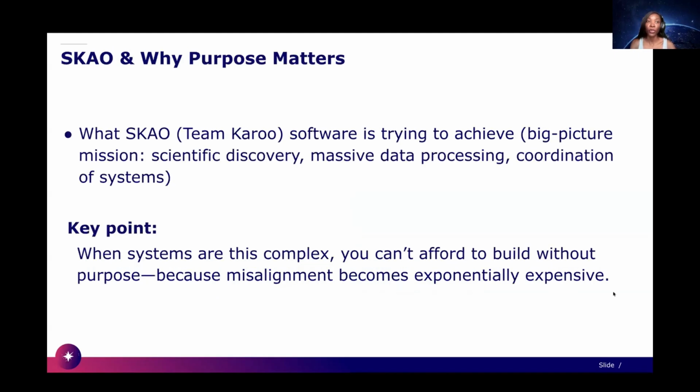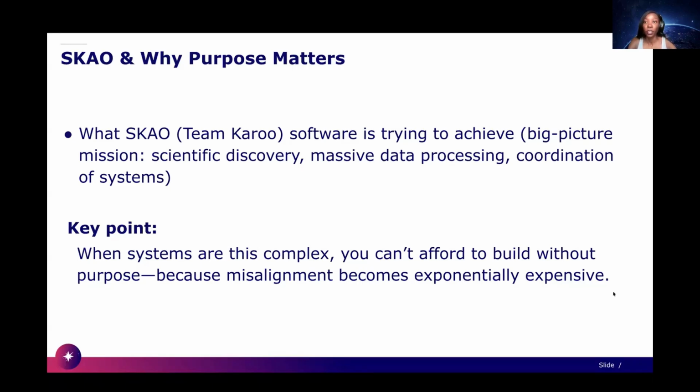And at the SKA, we are trying to achieve something that's really big. We're trying to achieve something that's never been done before. We're trying to build the world's largest radio telescope, and it's a collection of governments working together to build this massive thing that is supposed to contribute towards scientific discovery, and it's supposed to aid us as human beings to better understand our world, to better understand our past, so we can understand our future.